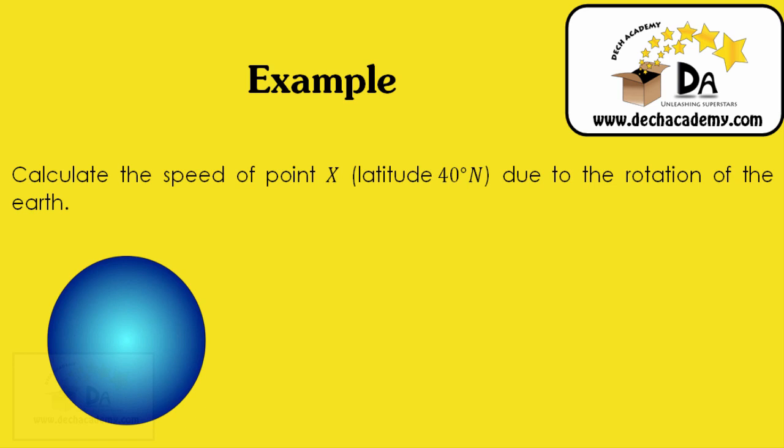Here's an example question on the rotational speed of a point due to the rotation of the Earth. It says, calculate the speed of point X, which lies on latitude 40 degrees north, due to the rotation of the Earth. So if I just locate a line of latitude to the north of the equator, I can just say that point X lies somewhere on this line of latitude.